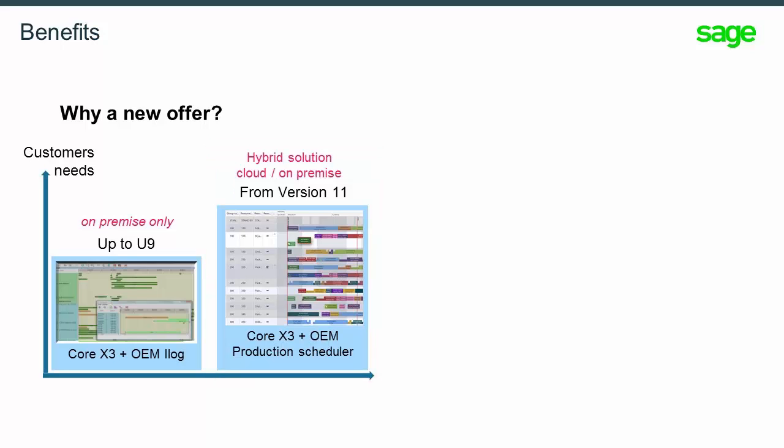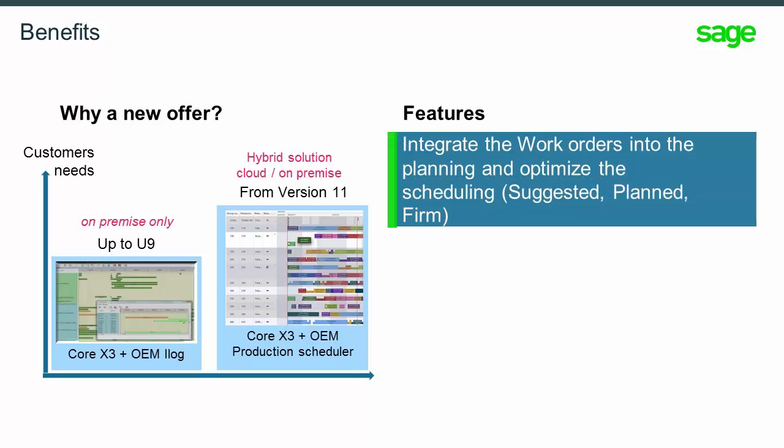This solution is embedded in Sage X3 to provide a solution 100% cloud compatible. The solution is more powerful, but the initial integration matches the same scope that the iLog solution provided. In the next release, this scope will be enhanced.